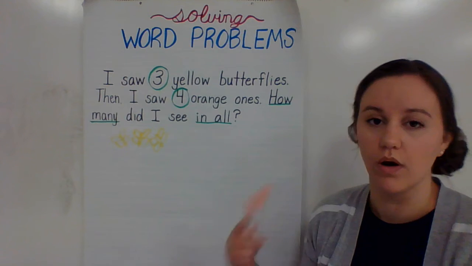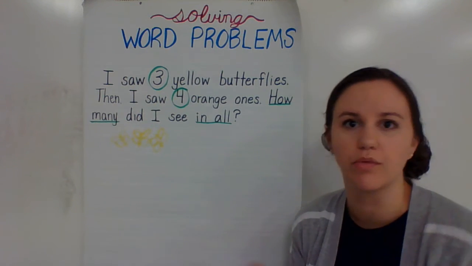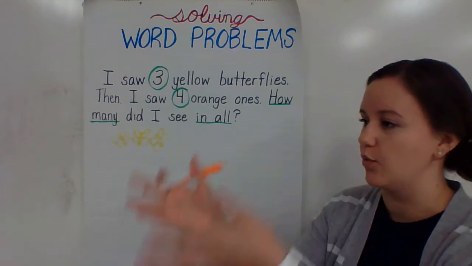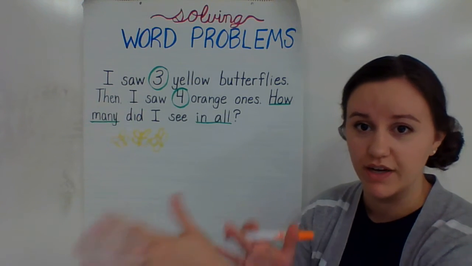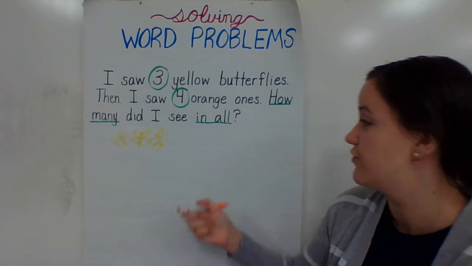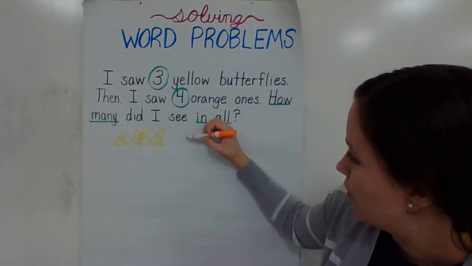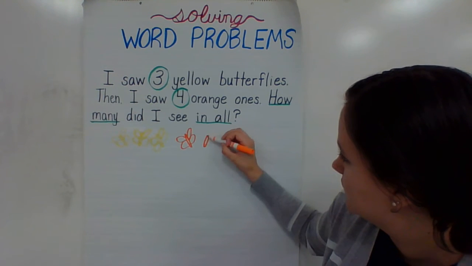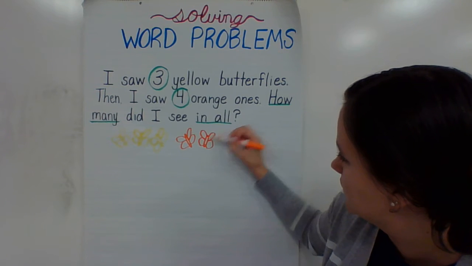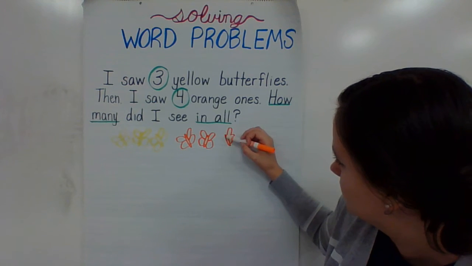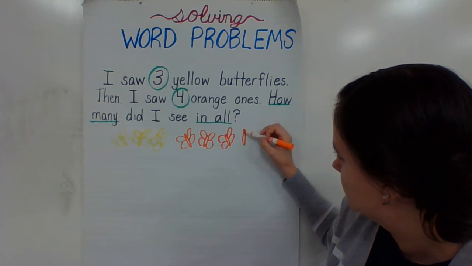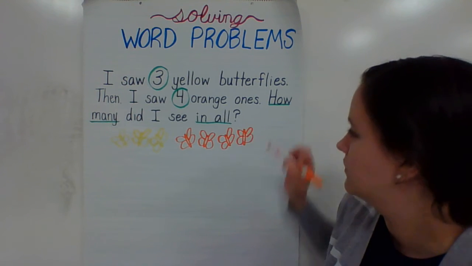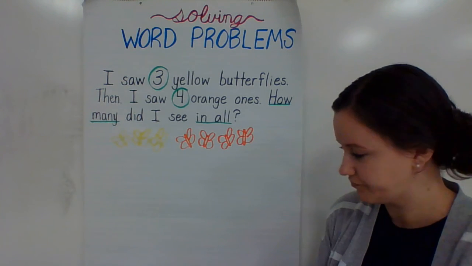Then I saw 4 orange ones. If I'm going for a walk in the park, I walk up to one bush and I see 3 yellow butterflies, and then I turn, and at another bush, there are 4 of them. So 4 orange ones. There's my 4 orange.